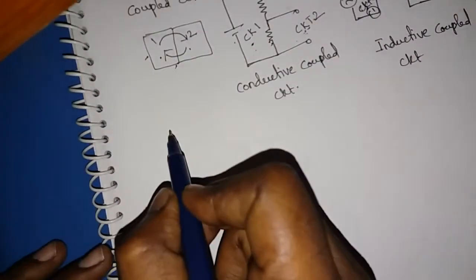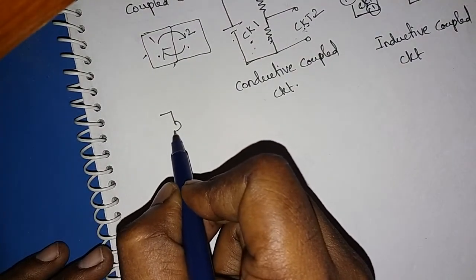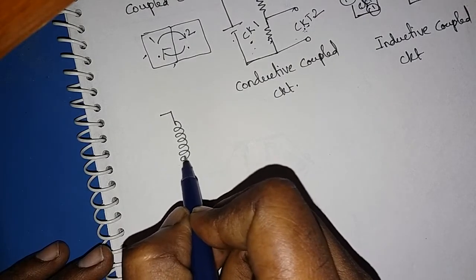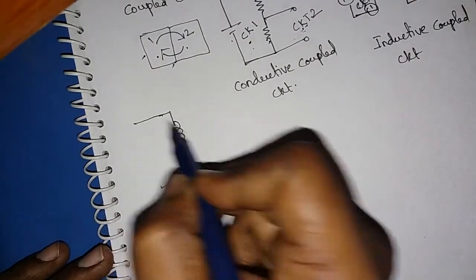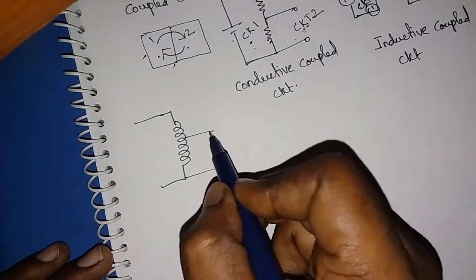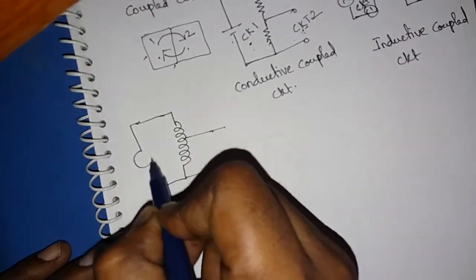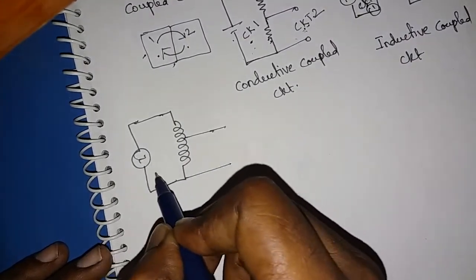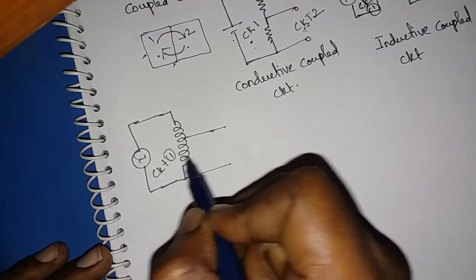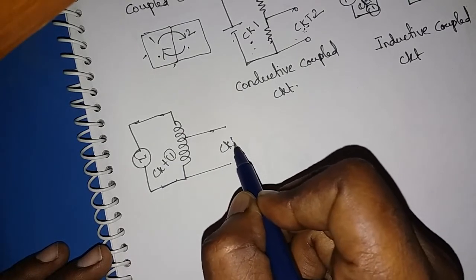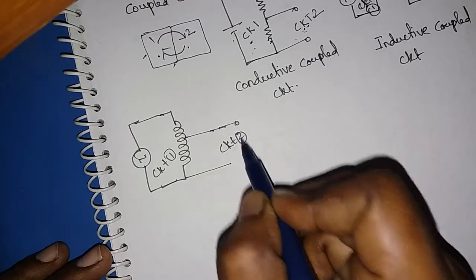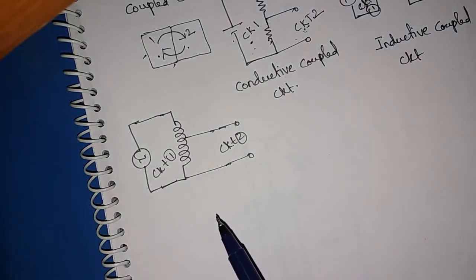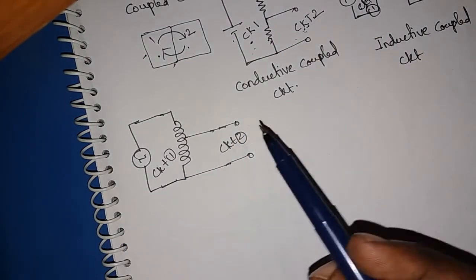I have one more circuit. Just I will show one more circuit. This is circuit 1 and here it is circuit 2. How is the energy transmitted here?